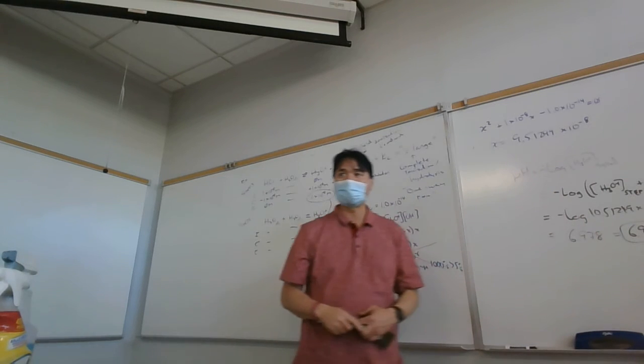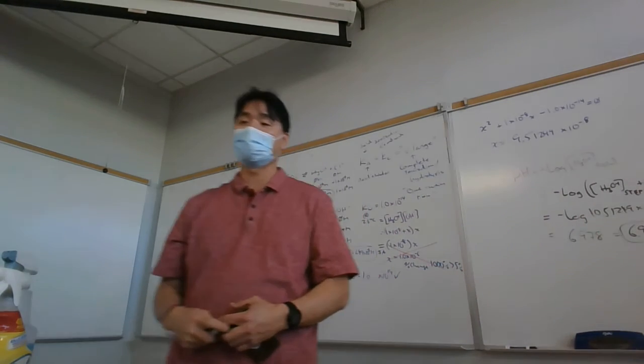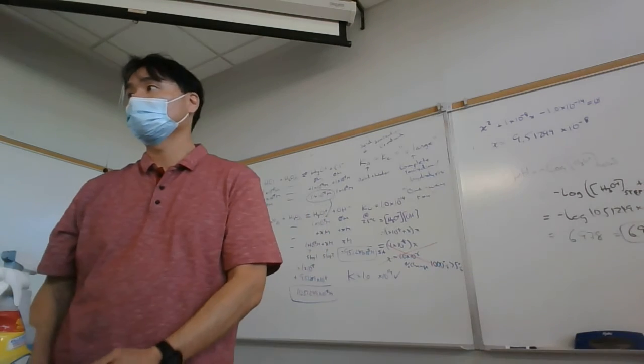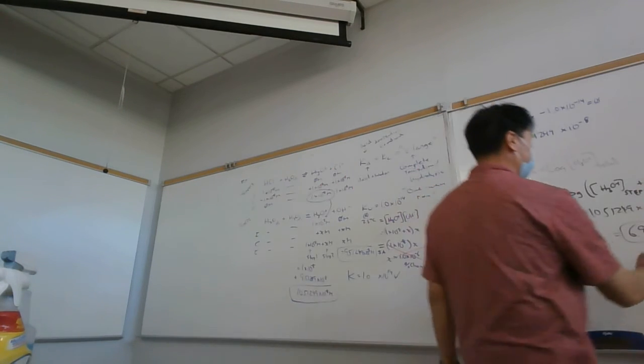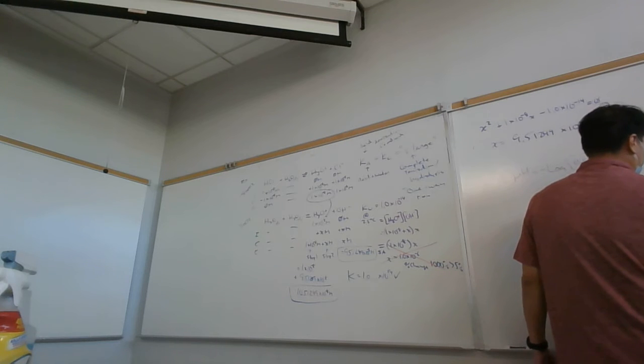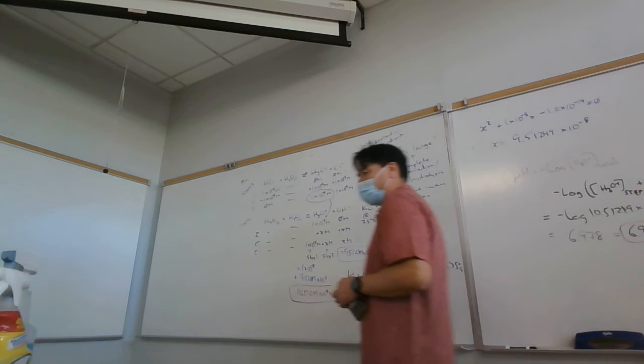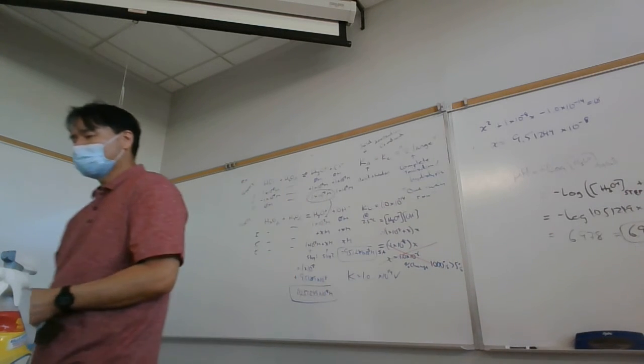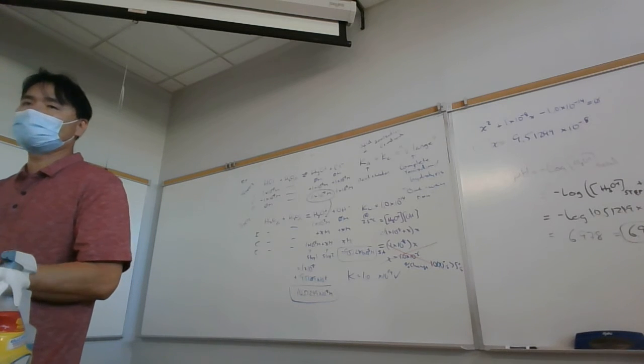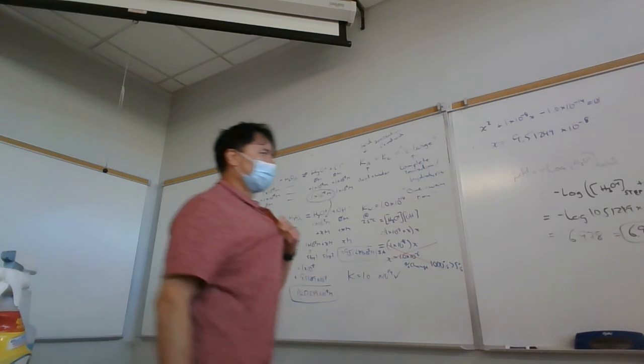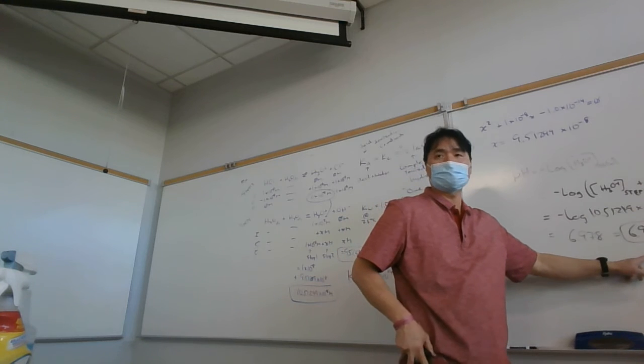6.98 is below 7. So if we're at a pH of below 7, that's acidic. This is acidic. But I also said that I would drink this. Why? Because it's almost like drinking pure water. Pure water is pH 7.